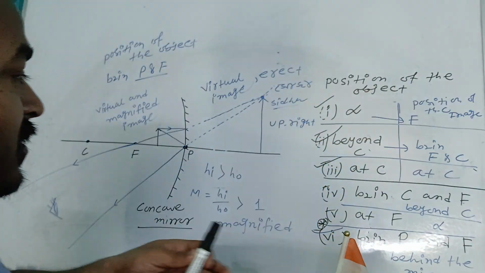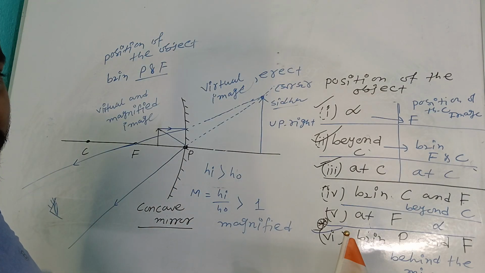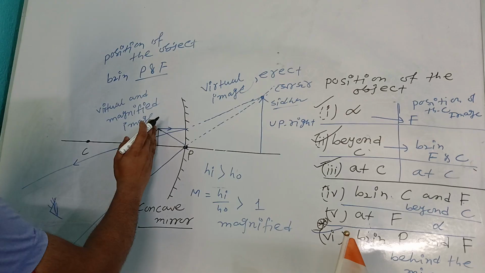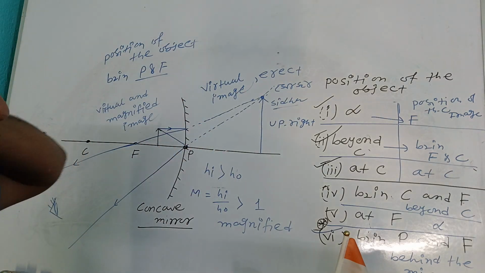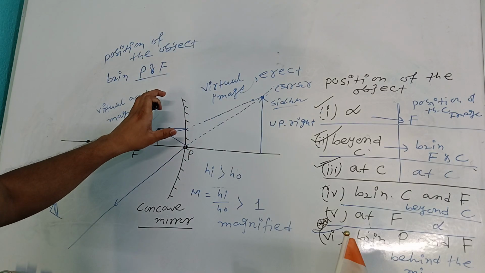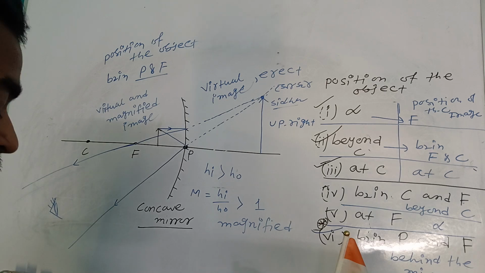So we can see the large image. So when the object is very close to the concave mirror, we can see a magnified virtual image, and dentists use this one. That's why this concave mirror is also called a dentist mirror.